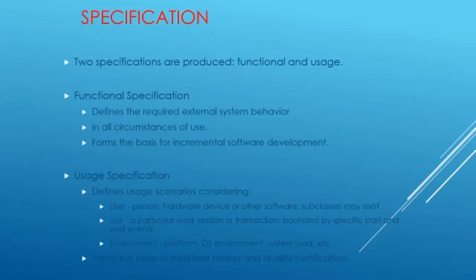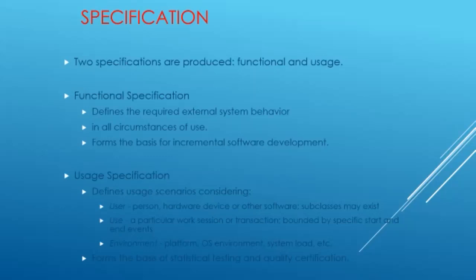The functional specification defines the required external system behavior in all circumstances of use and forms the basis for incremental software development. The usage specification defines usage scenarios considering user, person, hardware device, or other software.